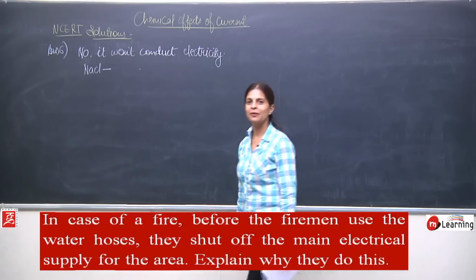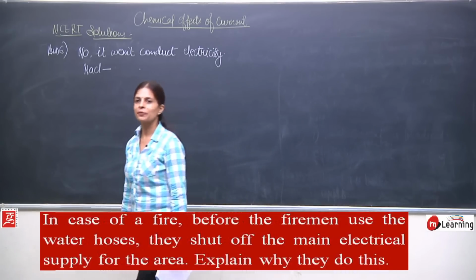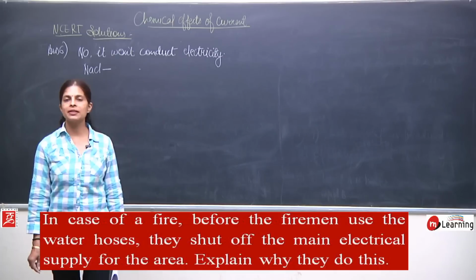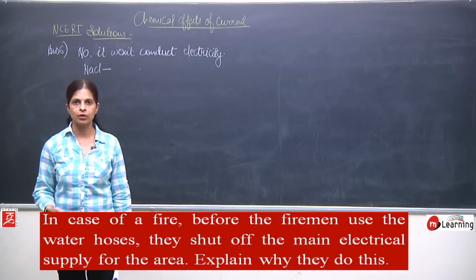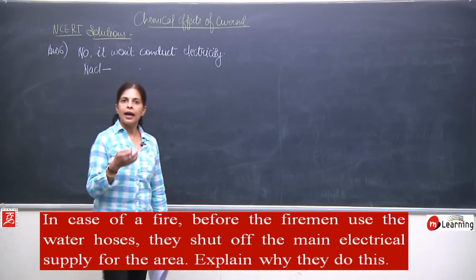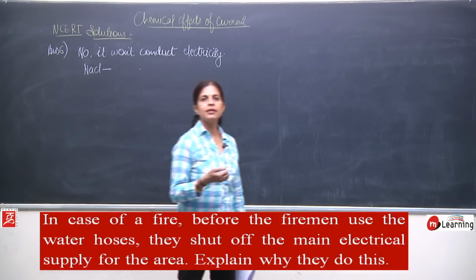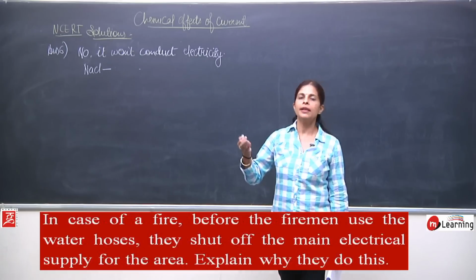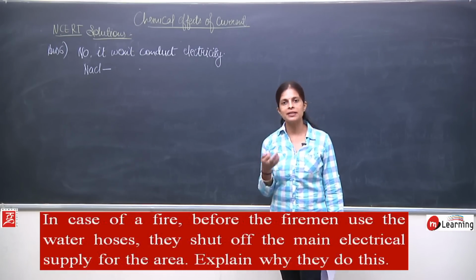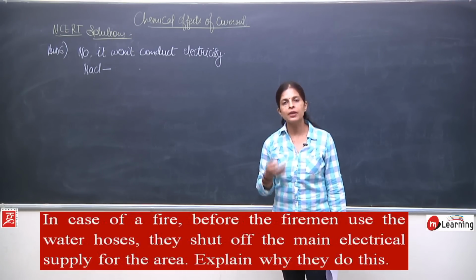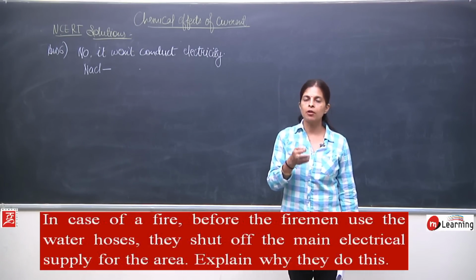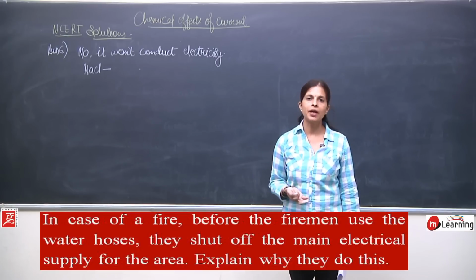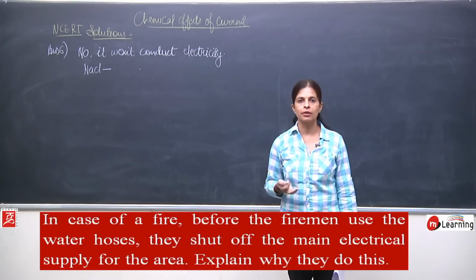Now what kind of a question is this? We all know electricity will be carried by water, and the person who is trying to extinguish the fire will be in danger, his life will be in danger, because the water used by the firemen won't be distilled water.